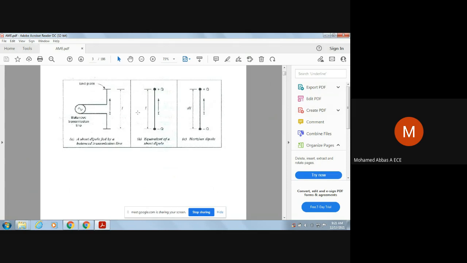See this diagram. The first diagram refers to a short dipole. You can see this is a dipole structure, and it is fed by means of a balanced transmission line.